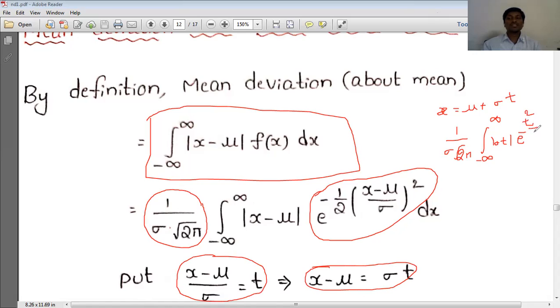And dx, if you apply the derivative, as we saw previously, dx is nothing but sigma dt. So here it is 1 by sigma into square root of 2 pi.